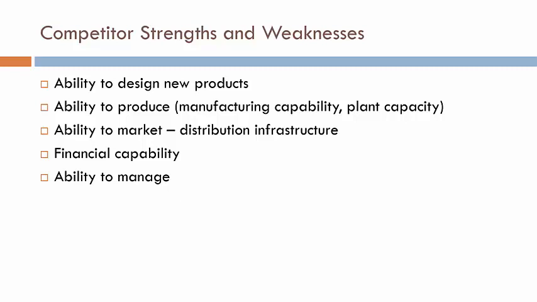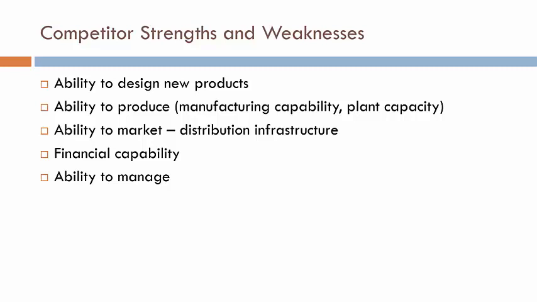Okay, so for example, the ability or inability to innovate and design new products can be viewed as a strength or a weakness. A competitor with a strong R&D is more likely to be able to come up with a new product in response to your new offering relative to a competitor that does not have a strong R&D. In which case, that's your competitor's strength.